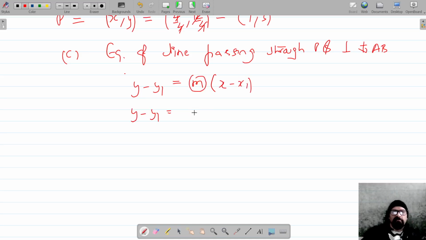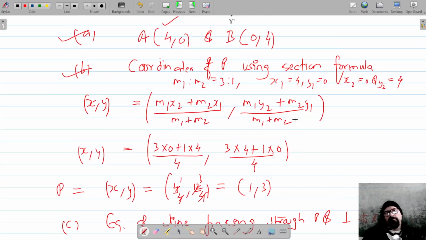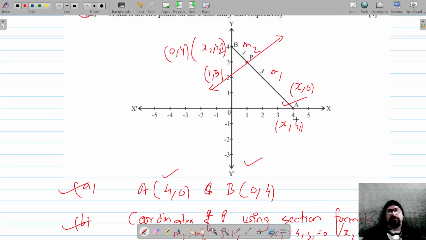The slope of the line AB is given by y2 minus y1 upon x2 minus x1. So let's put in the values here. x1 is equal to 4 and x2 is equal to 0. We have to find the equation of line AB.